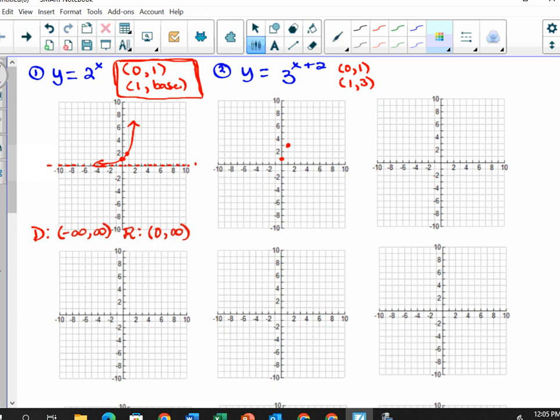When it is with the x, so in this case, like up in the exponent, that is going to be a left or a right shift. The horizontal shifts are always the opposite of what they seem like they should be. So it says +2, we're going to go left 2. So all I will do is take each red dot I made and count over 2 and put a new dot.